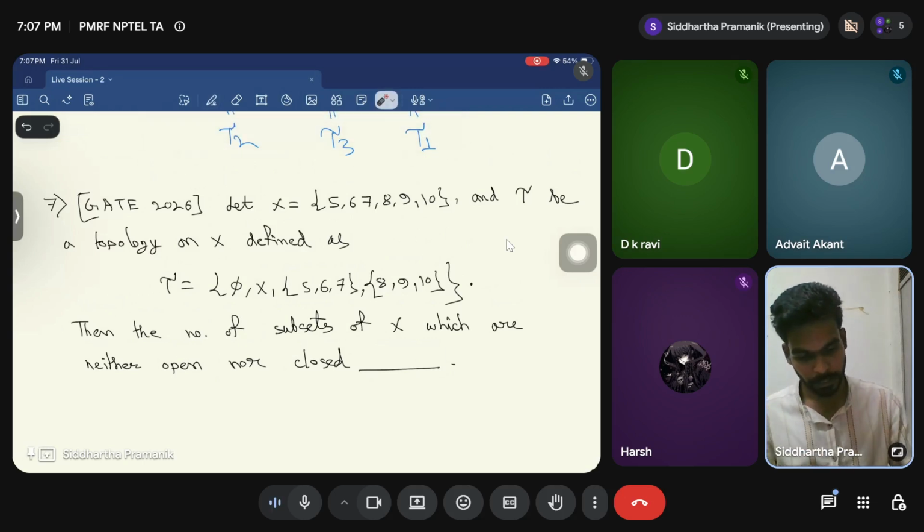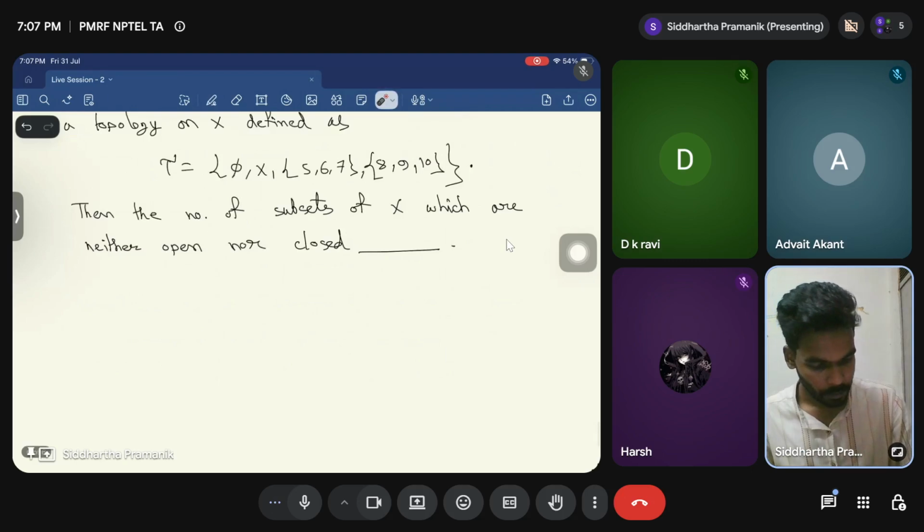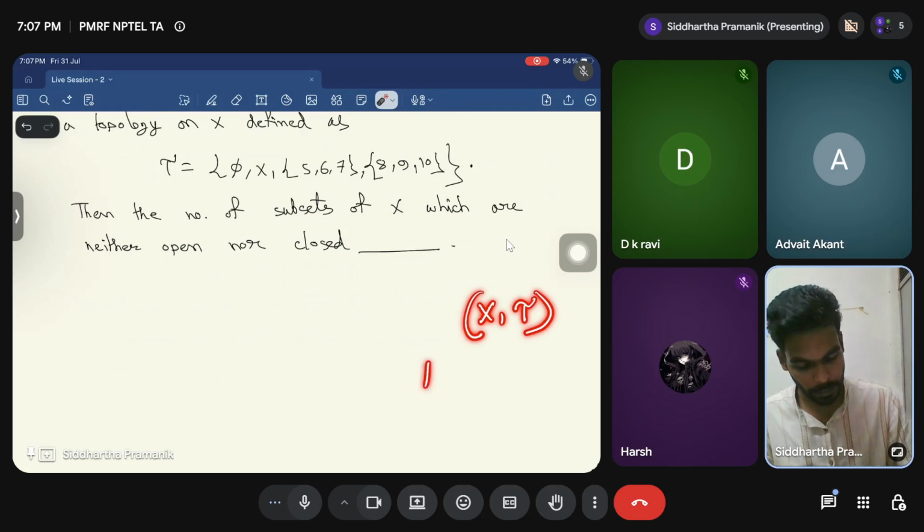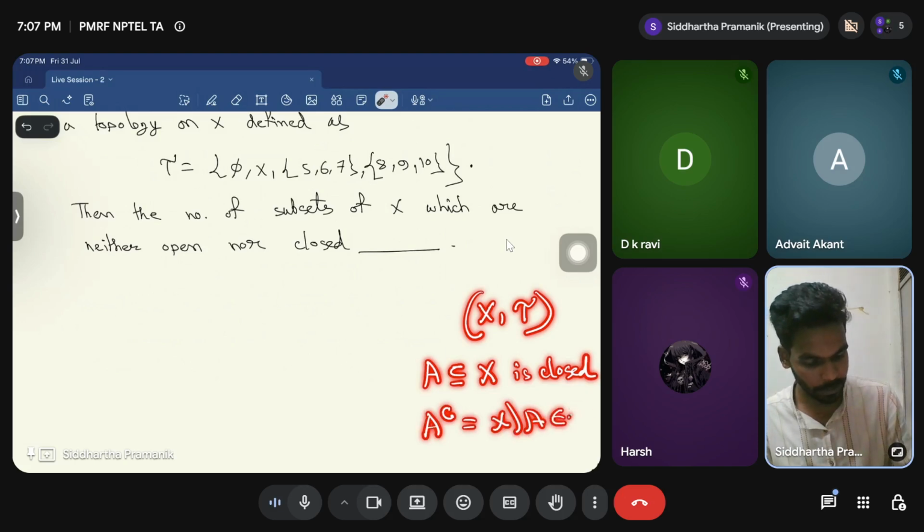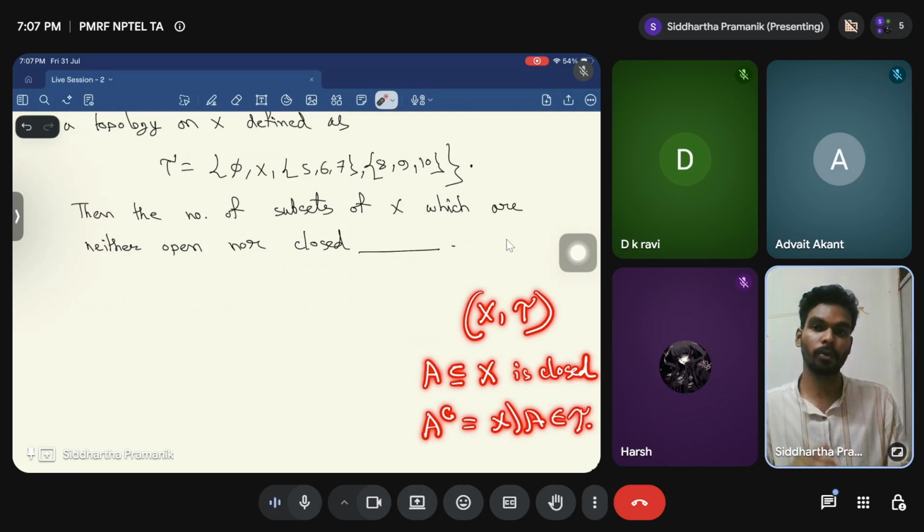So let's recall the closed sets. If you have a topological space (X, tau), then a subset A of X is closed if its complement, X minus A, is an open set, meaning it is an element of tau. So complements of open sets are closed sets. That is the definition.